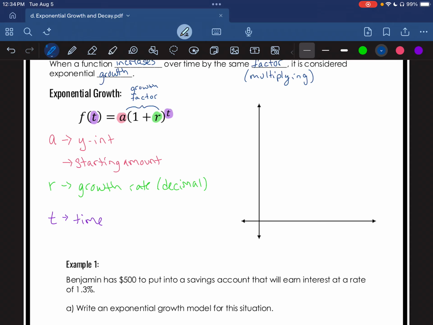So if we think about what this looks like graphically, because that base is always greater than 1, it's going to increase like this, or grow. Remember, this x-axis shows us t for time. And this part right here at t equals 0, that is a, our starting amount.